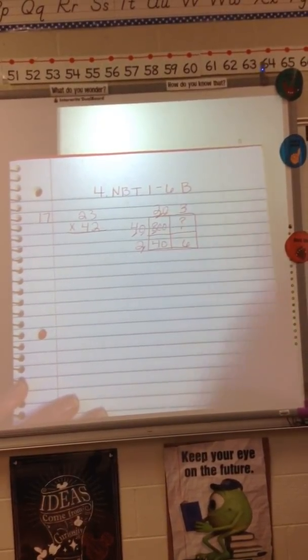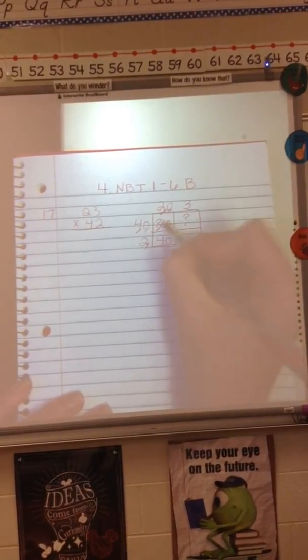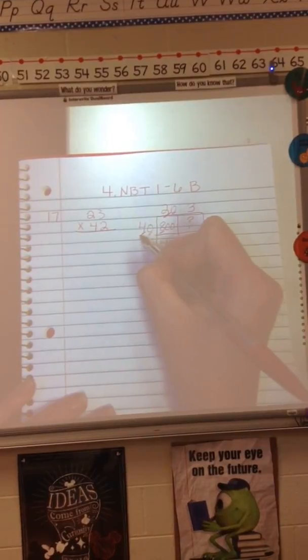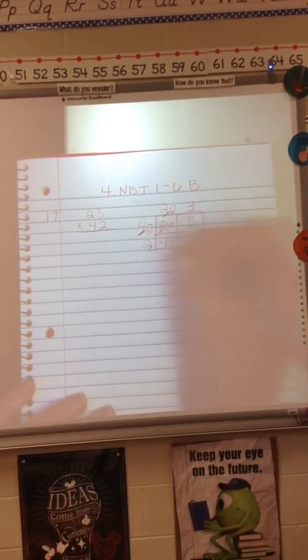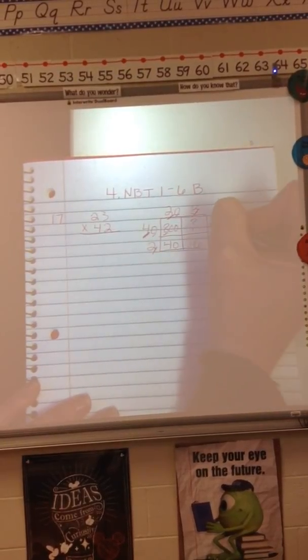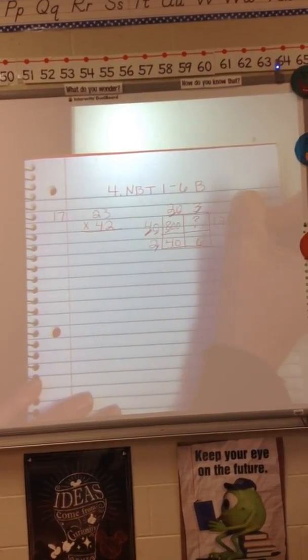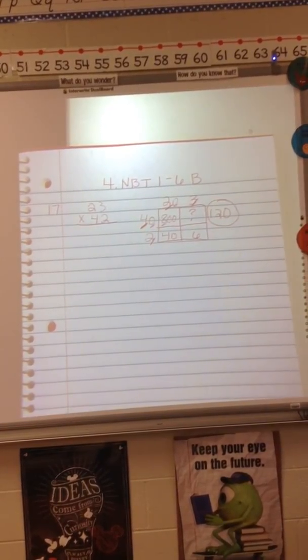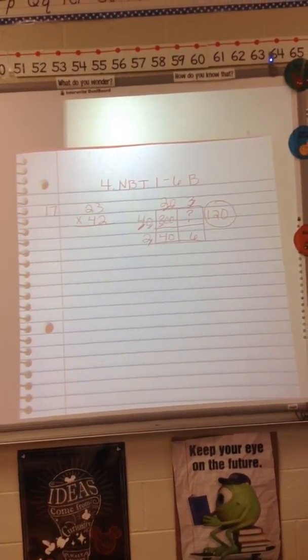Add your 0, that is 40. And then to find this missing number, you would say 40 times 3. We know a shortcut to do that is 4 times 3 is 12, and add your 0. So the missing number would be 120. So let's look back on the screen.